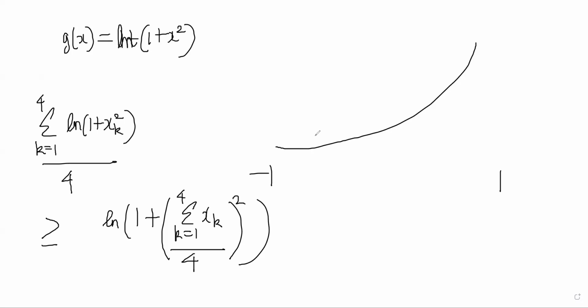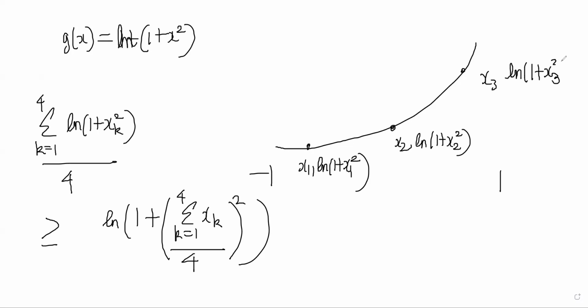So basically, if you take three terms, x1, ln(1 plus x1 square), x2, ln(1 plus x2 square), x3, ln(1 plus x3 square), you connect it like this.